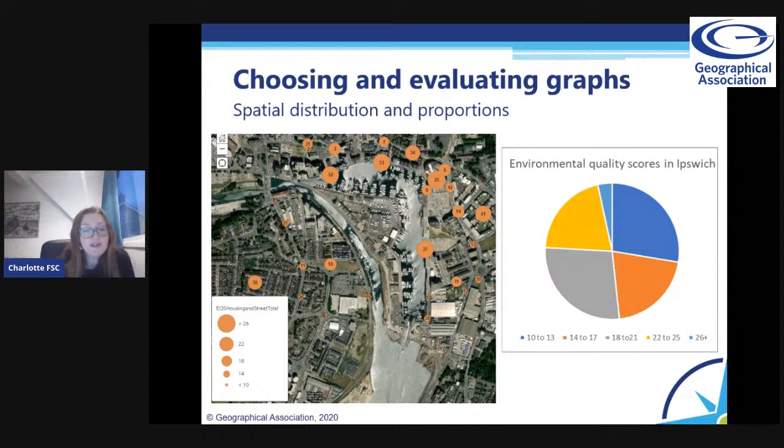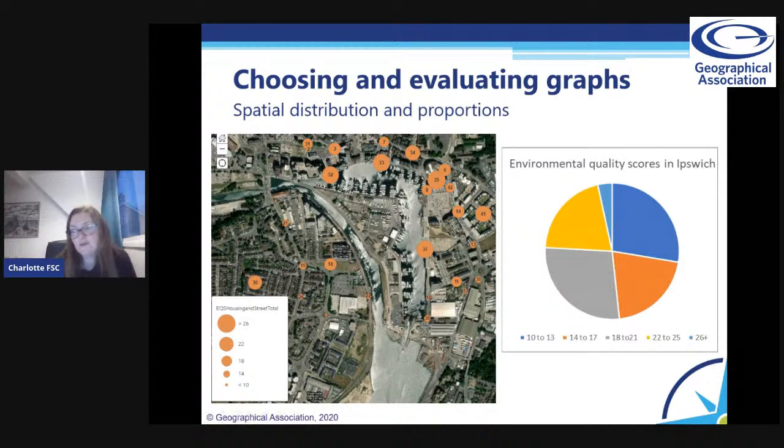Well, they both have pros and cons. You might have suggested either. Let's just start first with the proportional symbols. The way you read it, first of all, just in case you're not sure, is the larger the circle or the symbol, the greater the environmental quality. So you need to be careful that you understand the scale or the key, but essentially the symbol on the map will be proportional to the data it's showing.